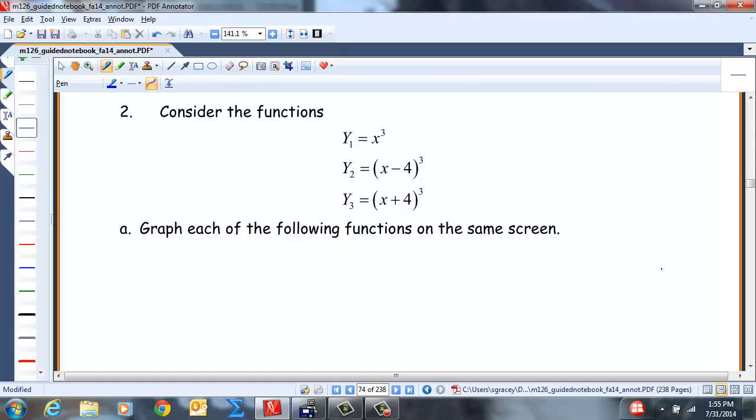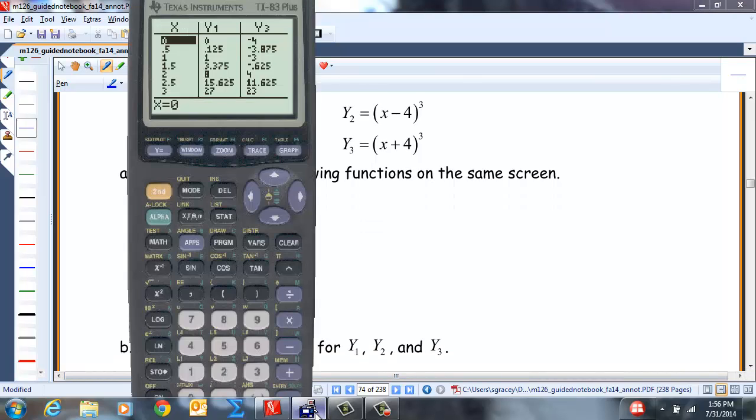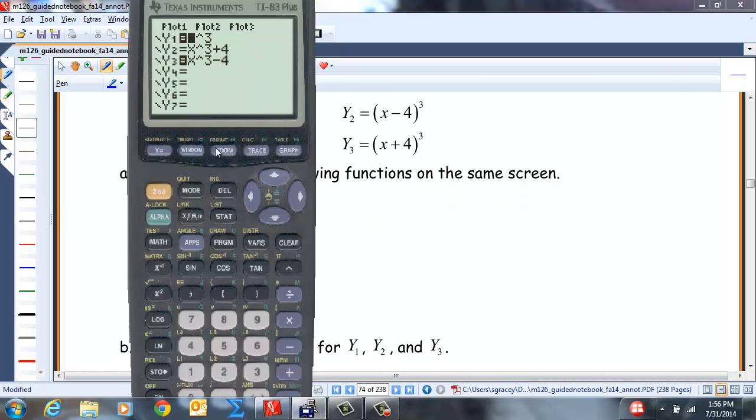Okay, now let's look at something a little bit different. We still have a subtraction by 4 and addition by 4, but look what happens. It's inside what's being cubed. So let's change our y equals. Oops, I'm sorry, we can keep that first one the same.